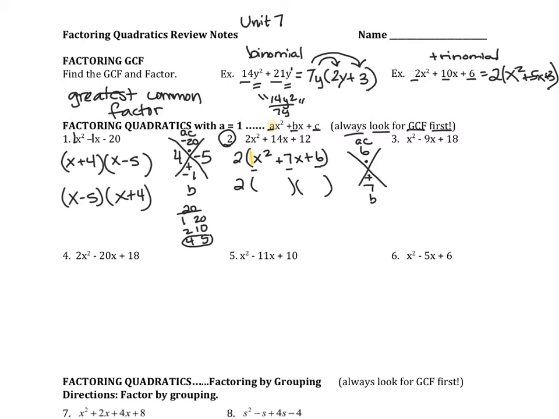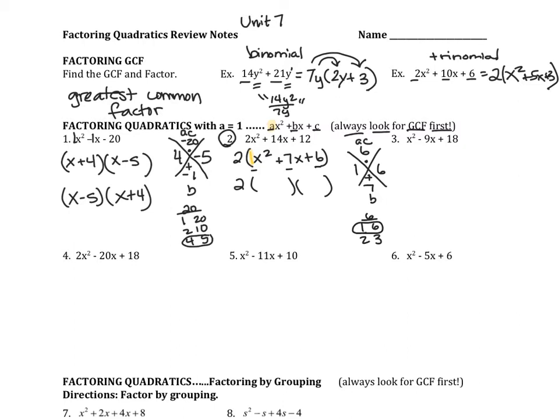So now I'm trying to think of the factors of 6. The factors of 6 are numbers such as 1 times 6, 2 times 3. And I'm looking at those and I want the combination that will help me get 7. Well, 1 plus 6 could help me get 7. So let me put those in my diamond and double check my math. 1 times 6 is 6 and 1 plus 6 would be the 7.